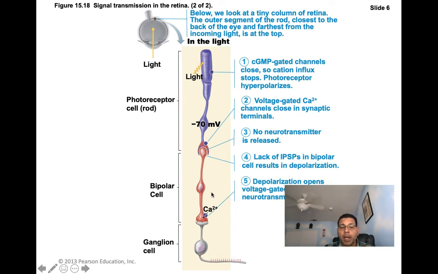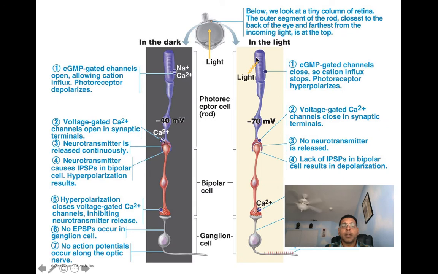When they depolarize, voltage-gated calcium channels open, causing neurotransmitter to be released, generating EPSPs on the ganglion cells, which eventually generate action potentials that are propagated along the optic nerve to the brain. So you can see both processes here, what happens in the dark and what happens in light.